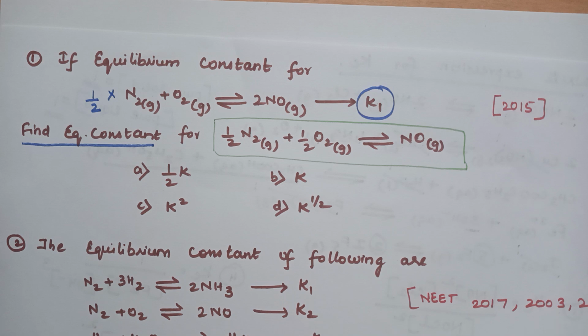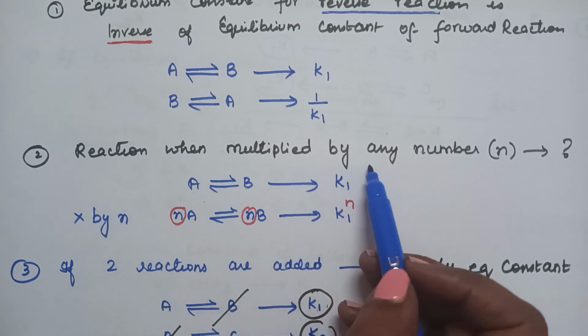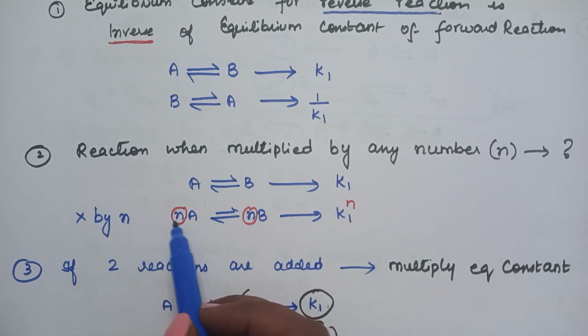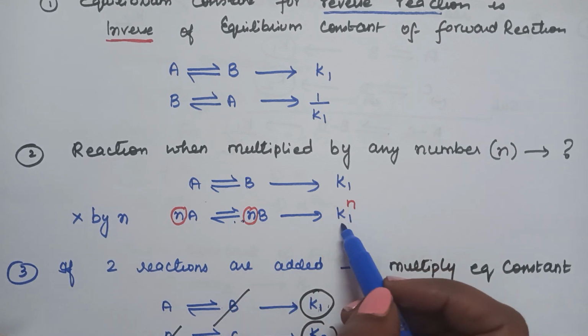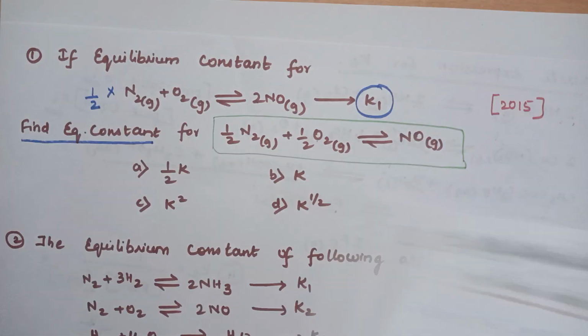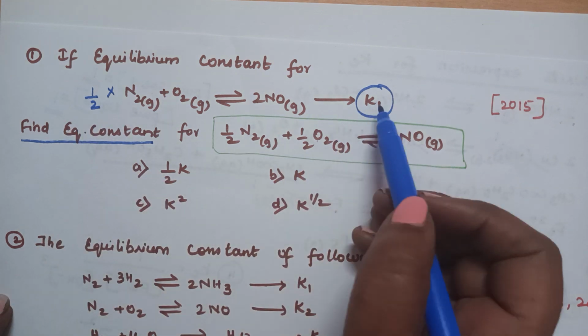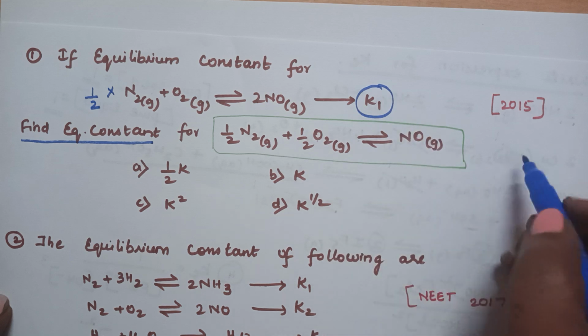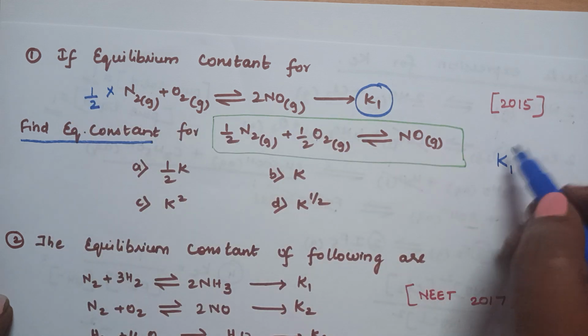When the reaction is multiplied by any number, that number should be raised as a power to the equilibrium constant. So now here we are multiplying by half. The equilibrium constant is K1, and the number we have multiplied is half, so it should be written in the form of power half.